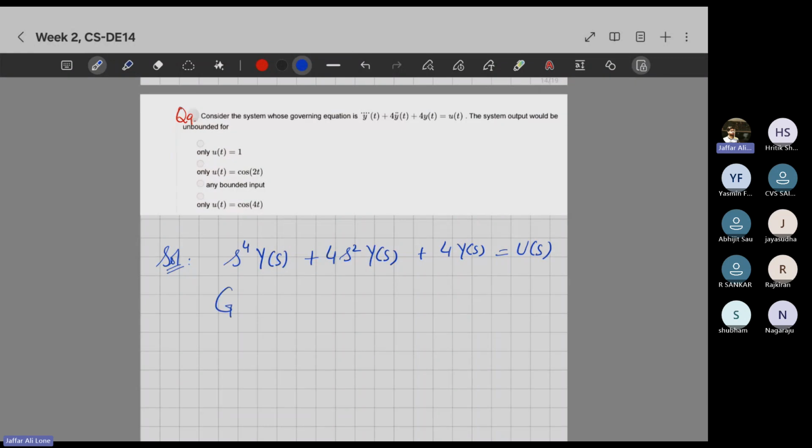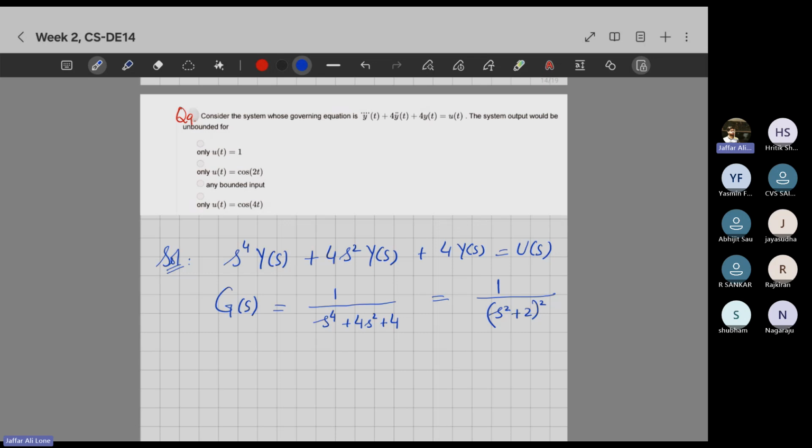So the transfer function is G of s, equal to 1 divided by s to the power 4 plus 4 s squared plus 4, which is also written like this, s squared plus 2 whole square. So you write it like this.